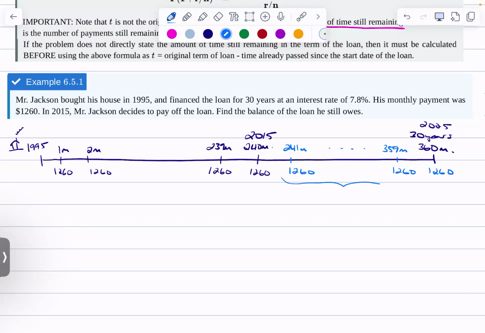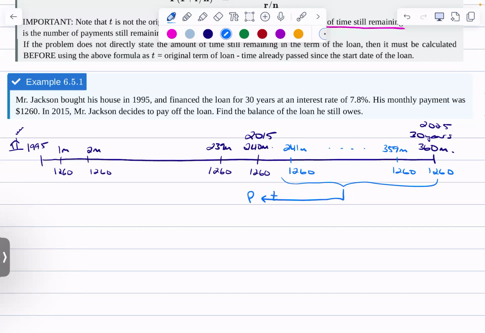So how I indicate that we're trying to group these all together is I use that curly bracket and I draw an arrow back to the date that I want to find the principal value of this thing. So I'm trying to solve for P. And to do that, we need to know how many groupings basically we have.